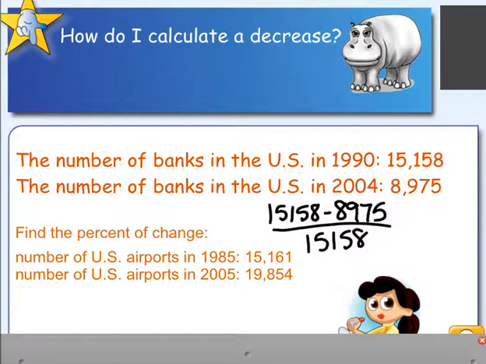Well, when we do that, we are going to get, let's see, 15,158 minus 8,975 gives us 6,183, which we divide by my 15,000 number.